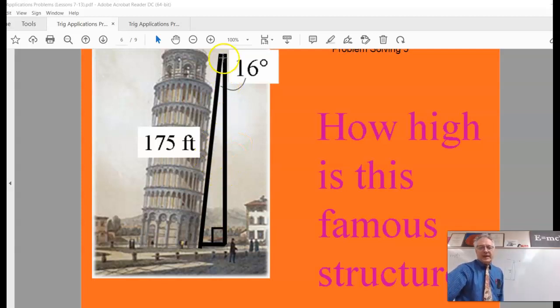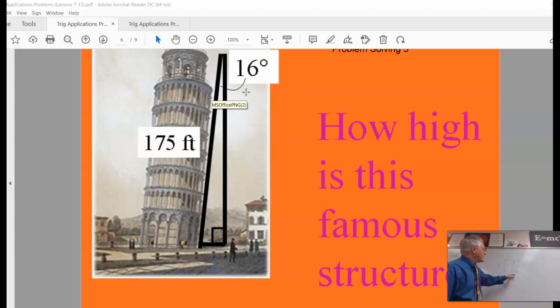Yeah, because that would be the actual height of the structure. So I think what they're saying in this picture is that my plumb bob here is 175 feet, and they want you to calculate the actual height, because this would be the height of the Leaning Tower of Pisa.